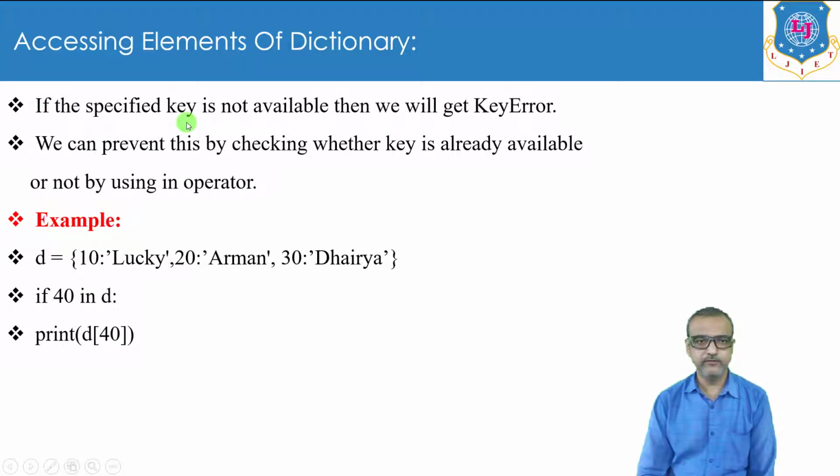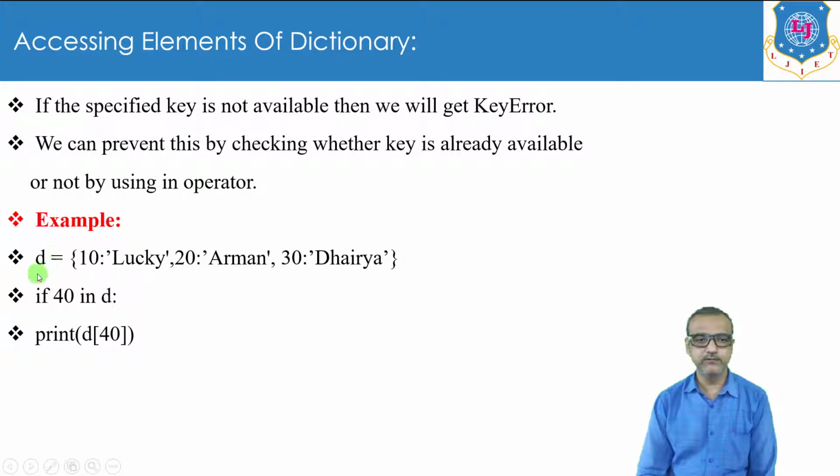If the specified key is not available, then we will get a key error, as already discussed with you. We can prevent this by checking whether the key is already available or not by using the in operator.